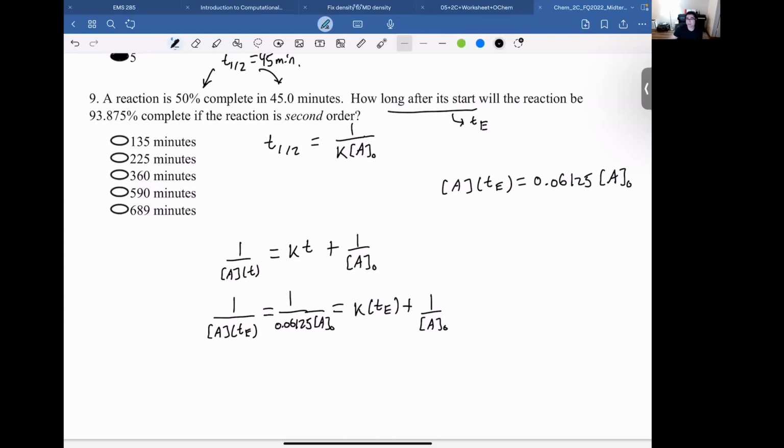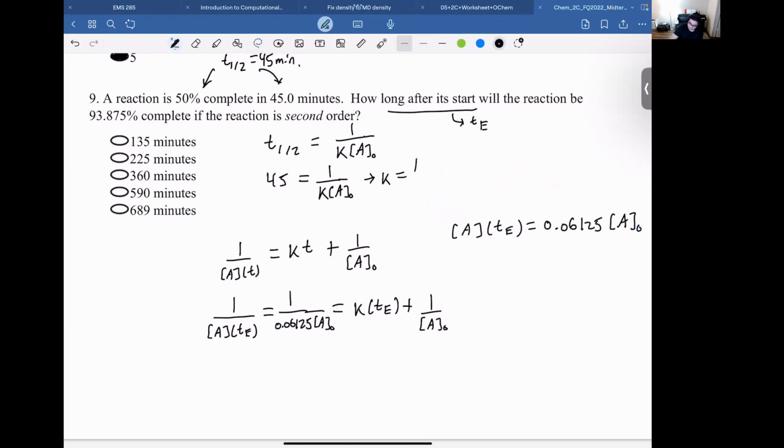Because I don't have the initial concentration. You'll see. So I do have the half-life up here, right? And I can use this to solve for K. I get K is equal to 1 over 45 times the initial concentration.